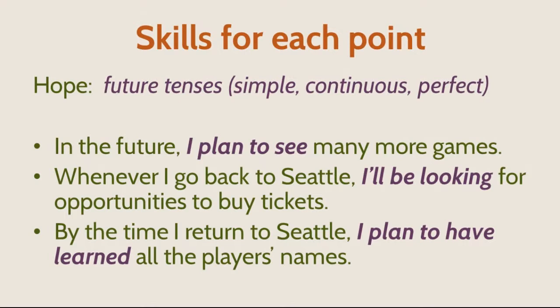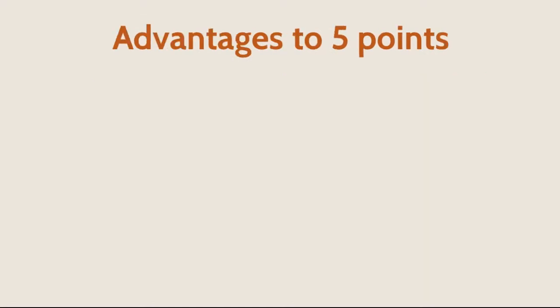But if you go back to lesson 3, you may be able to pick up some tips on how to set up your answers so that these past perfect or future perfect or past continuous or future continuous will come a little more naturally. Go back and look at lesson 3 for more advice on that.